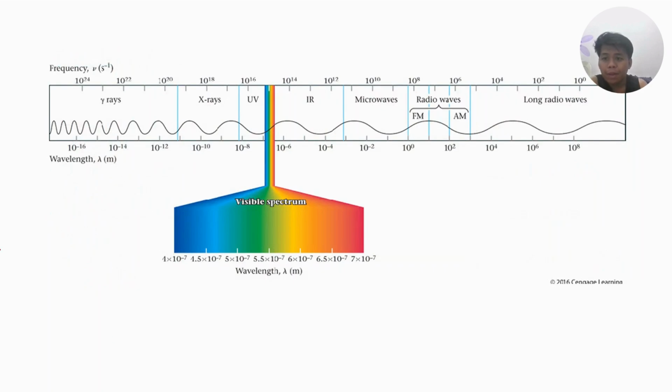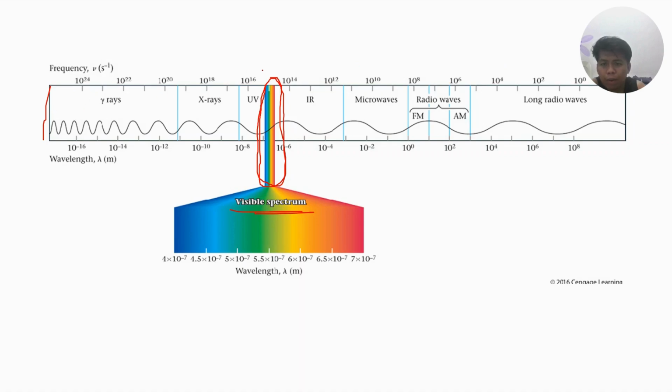So I'm showing you here the graph, or an illustration. If you really look at the wavelength spectrum, our eye can only see the very thinnest part. What we can see, the visible spectrum, is very small in our wide range of spectrum.